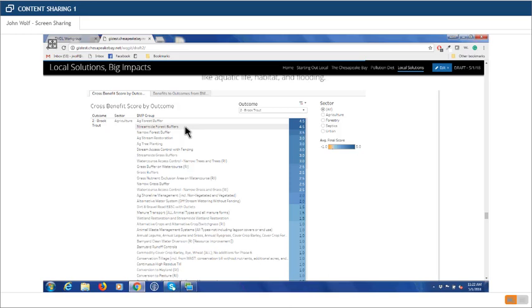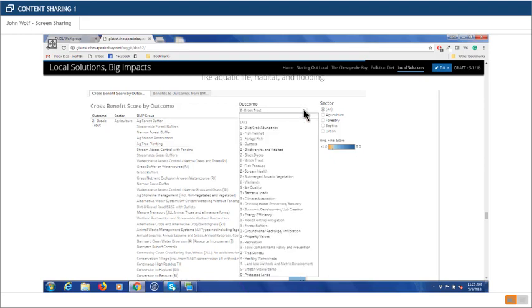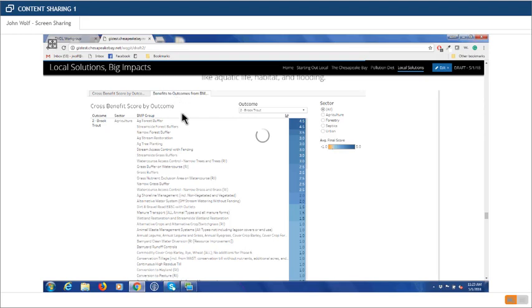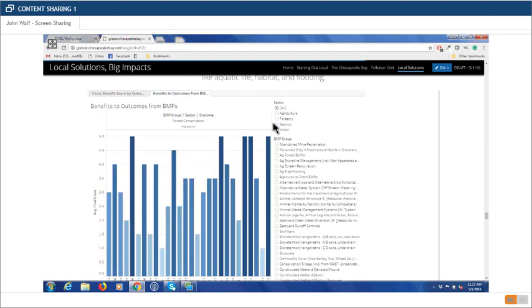And in this case, we're looking at, okay, some of the most valuable BMPs for brook trout are, as you would expect, things like ag forest buffers and ag stream restoration, tree planting, and so forth. So this is just a way to bring in the other outcomes and the other potential benefits, a couple different ways of looking at it.